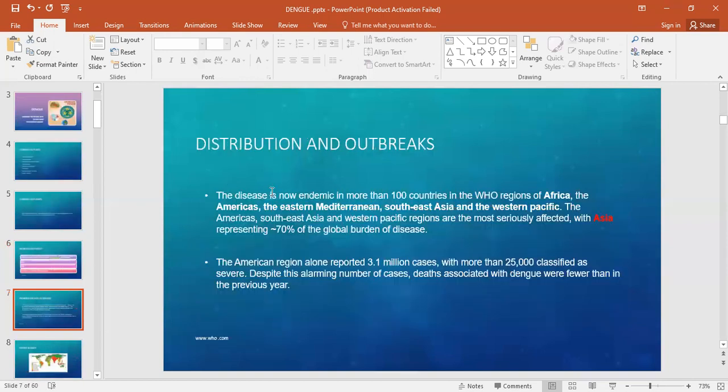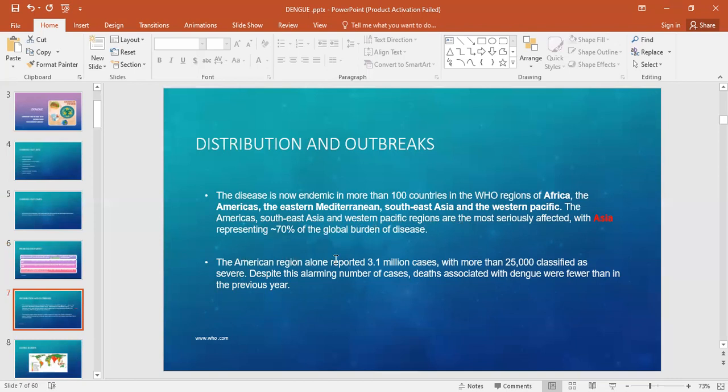Distribution and outbreak: the disease is now endemic in more than 100 countries in the WHO regions of Africa, America, Eastern Mediterranean, Southeast Asia, and the Western Pacific. The America, Southeast Asia, and Western Pacific regions are the most seriously affected, with Asia representing almost 70% of the global burden of the disease.